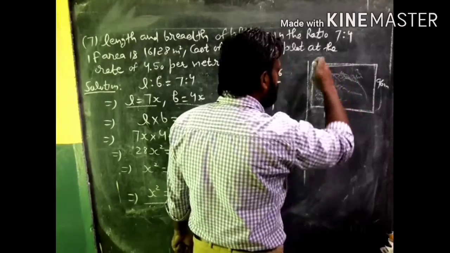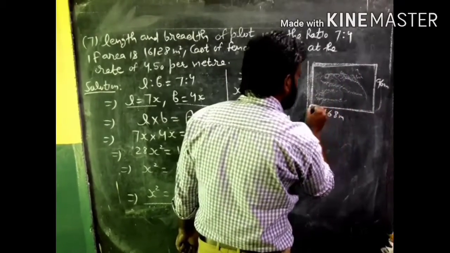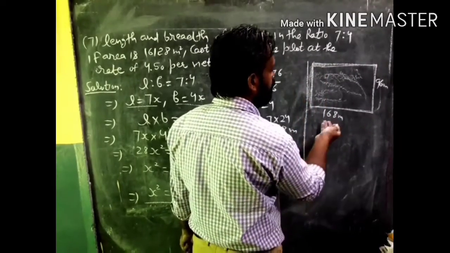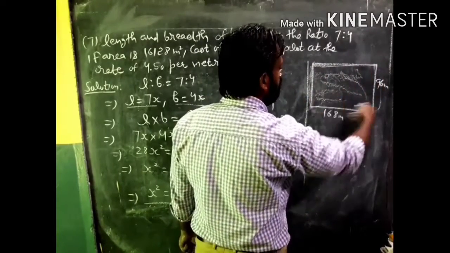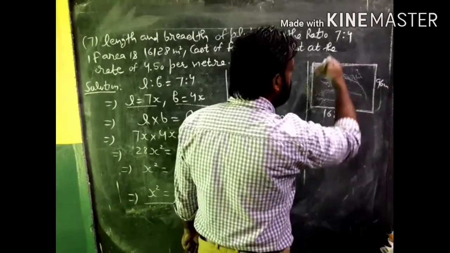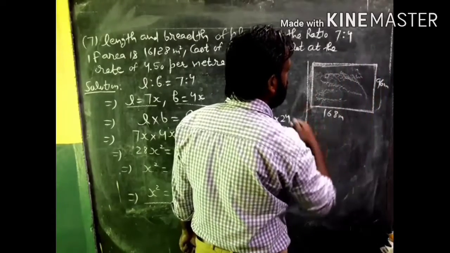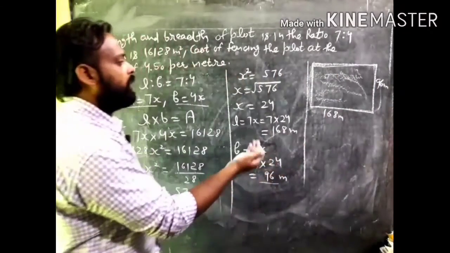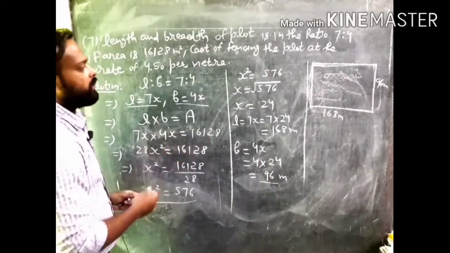Before finding the cost, we have to find the total length of all the sides of the rectangular plot. We can find that by finding its perimeter.